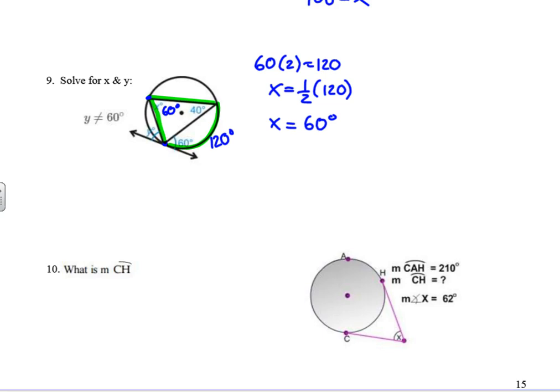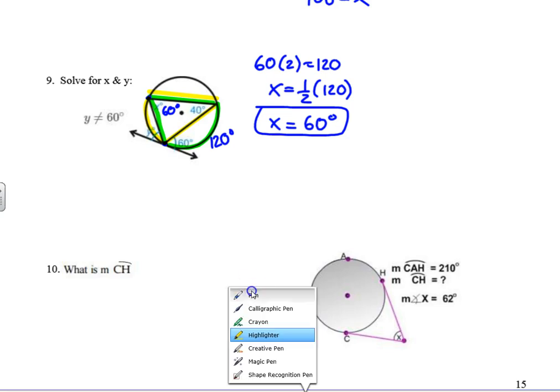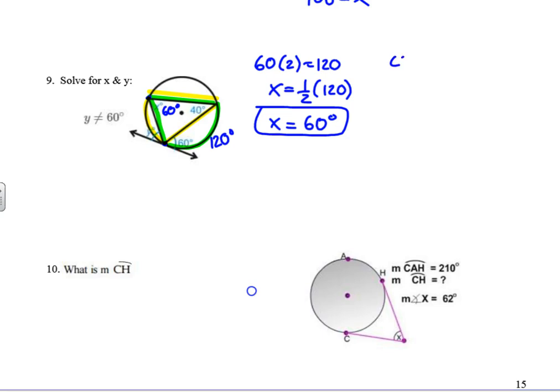Okay, now there's a few different ways to go about finding y. One of the ways is, here's what I want you to see. Y is an inscribed angle that intercepts this arc. Well, that arc is formed by that inscribed angle, 40. So if we double 40, 40 times 2, we get 80.